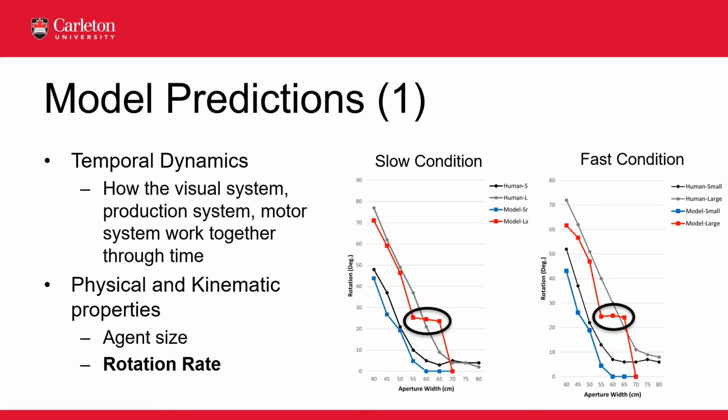But all in all, I think the model is in the right ballpark. The areas highlighted in black there are largely areas where the model over-rotates. And those start raising questions about the model, like are there assumptions or processes in the model that aren't capturing the human data appropriately, which I'll talk about towards the end.